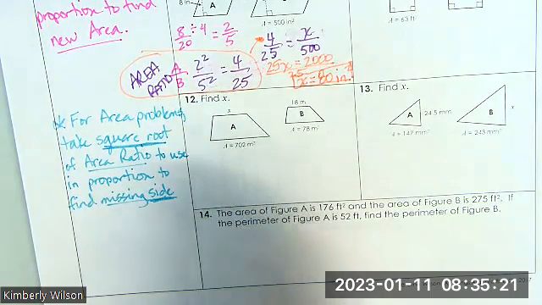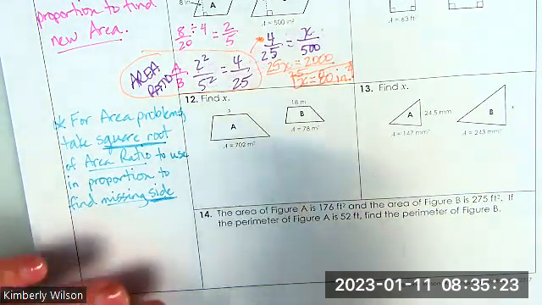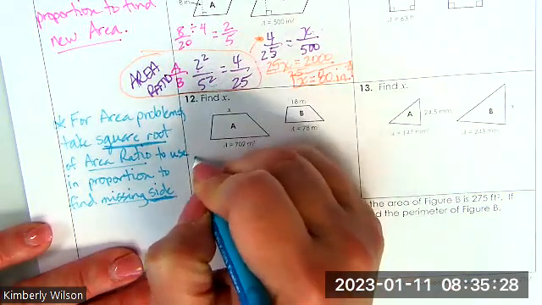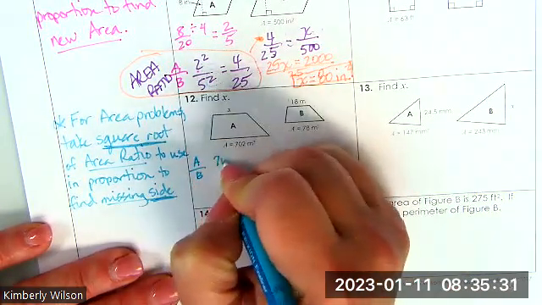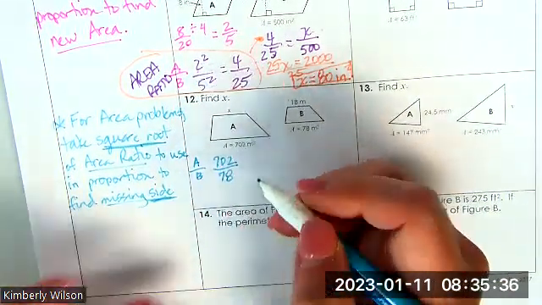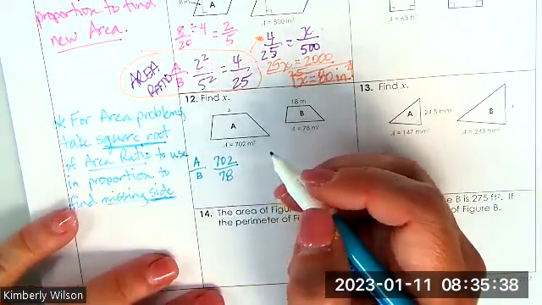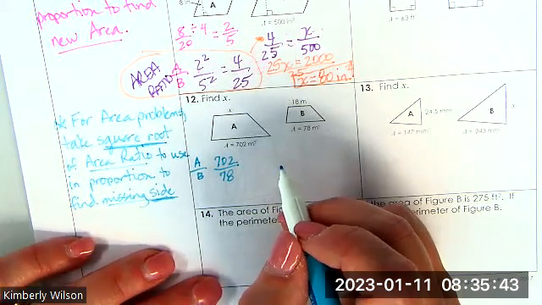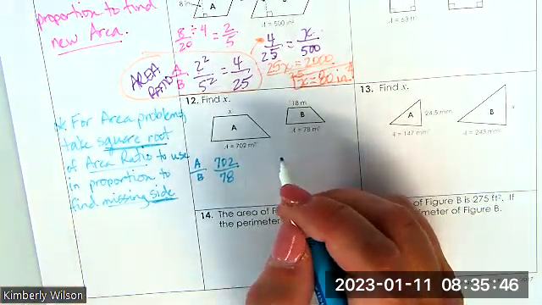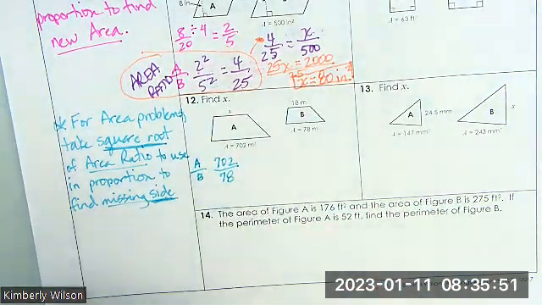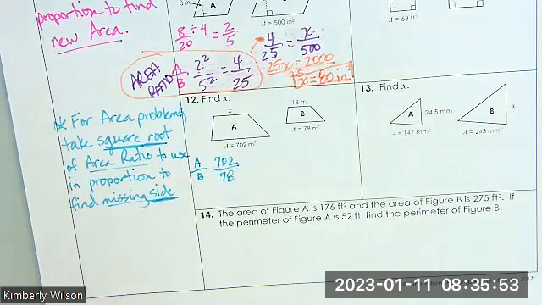All right, so we're still setting this up as A over B. So I'm given the areas, so that means I'm still going to do A over B. So I'm going to have 702 over 78. Well, that simplifies to, what am I dividing by? Where's my calculator? Is it actually 78? 702 divided by 78 equals 9.